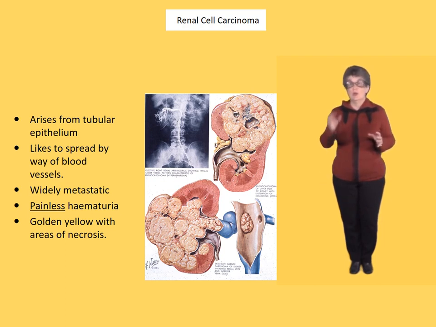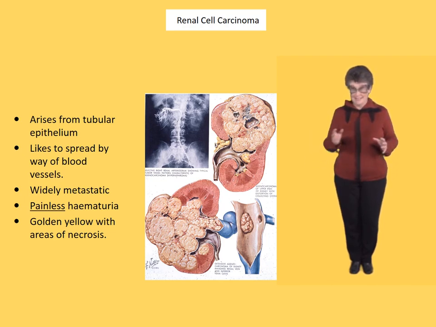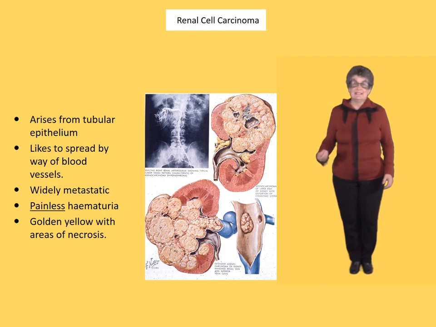Often these show small renal cell carcinomas before they've become symptomatic. So previously, painless hematuria was a sign of renal cell carcinoma, and it still is, but these days many cancers are diagnosed before they become symptomatic.